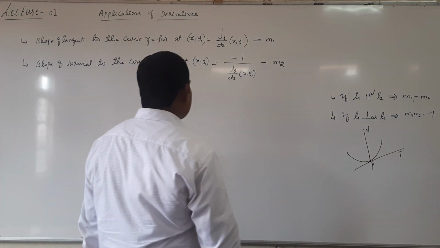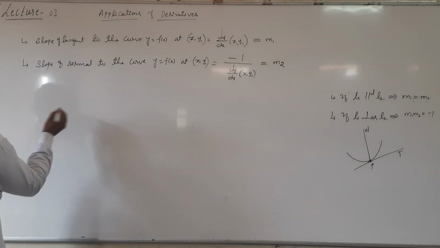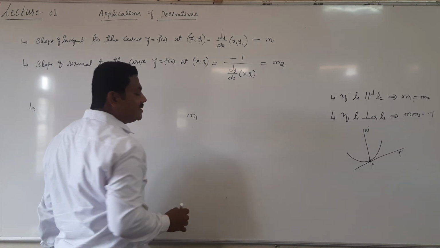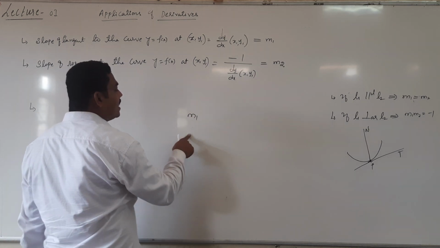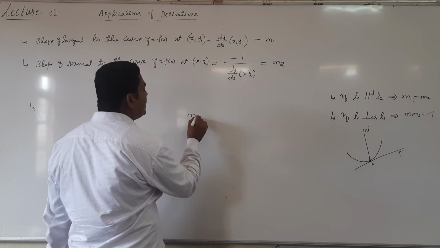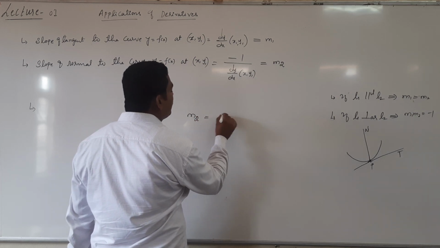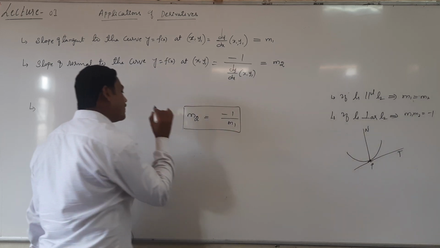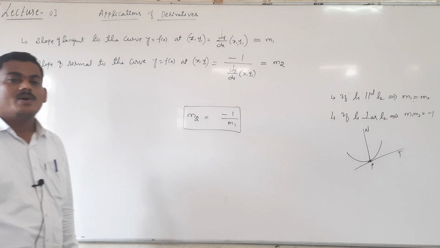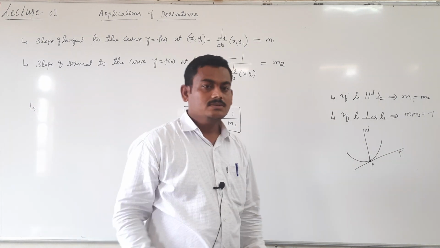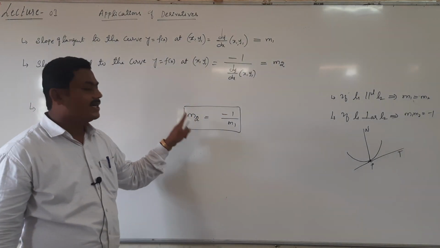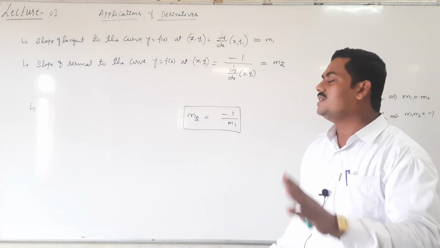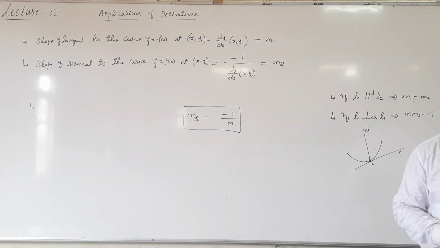Remember, m1 is nothing but the slope of the tangent line and m2 is nothing but the slope of the normal line. m2 is equal to minus 1 divided by m1. Once you get the slope of the tangent, by using it you can write the slope of the normal.